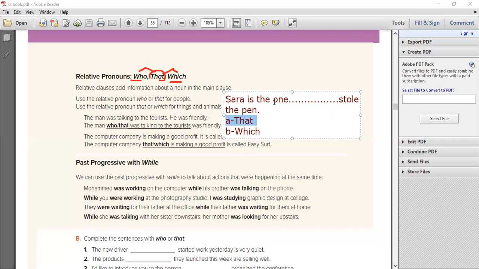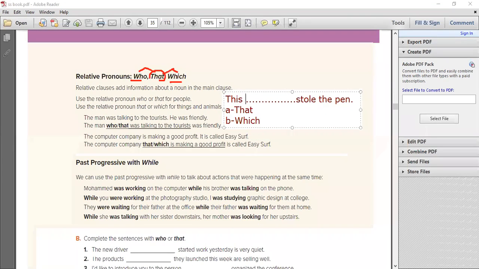The same thing if it was a thing. I'm going to give you who if it was a thing. Like what? This is the pen.